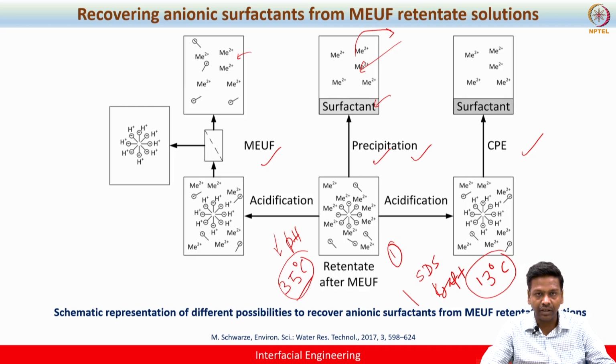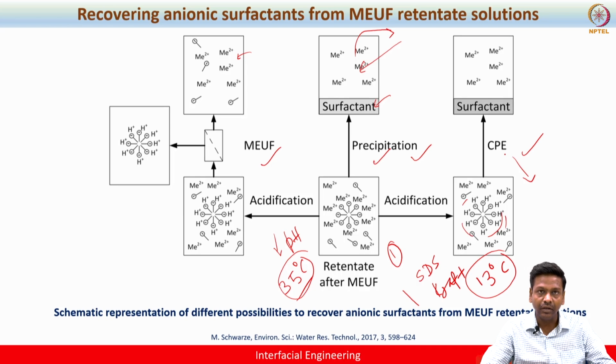The next, last but not least, is the cloud point extraction method. In this case, from here, you have to perform the acidification again, which means you have to lower the pH so that protons will be generated right around the micelles, which will keep the cations away from the micelles.